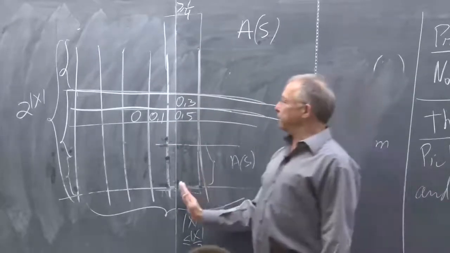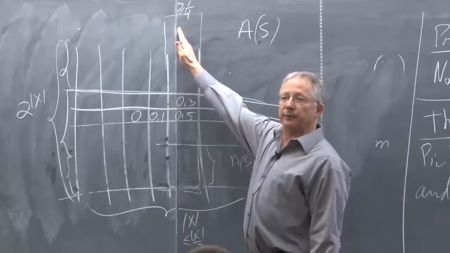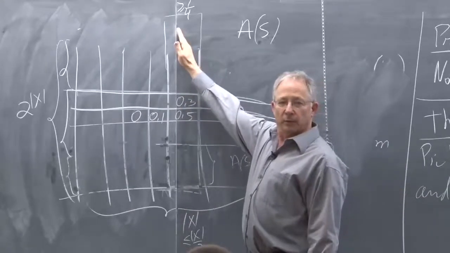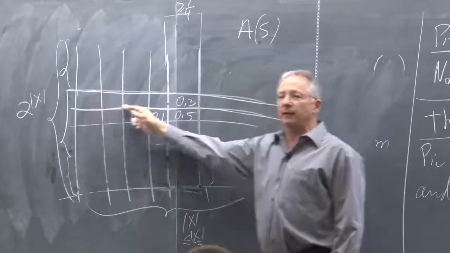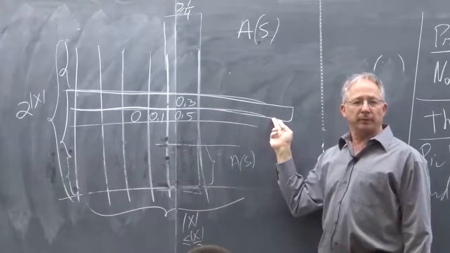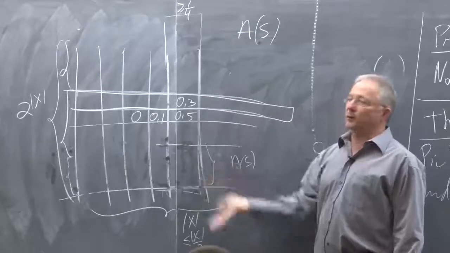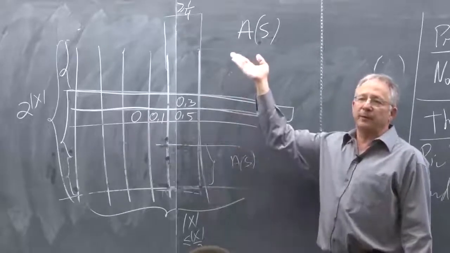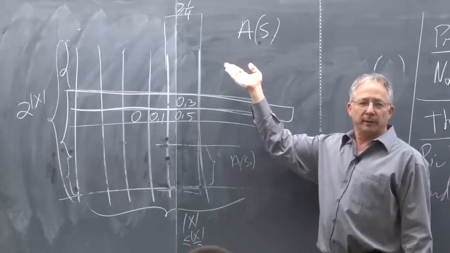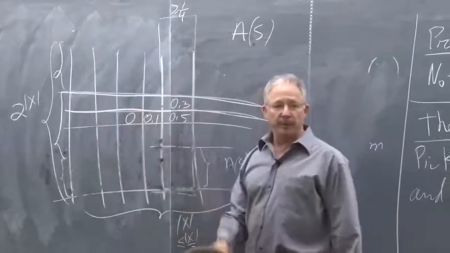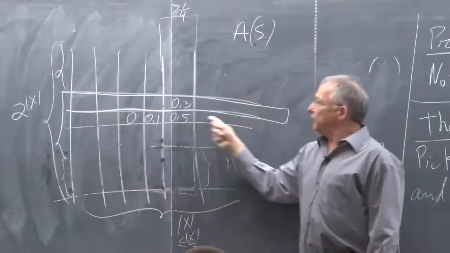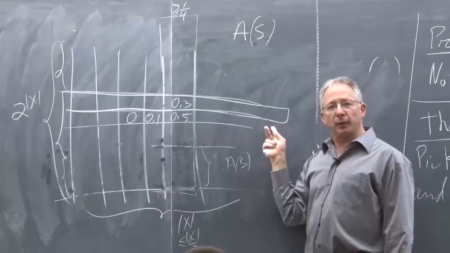So we switched from saying the average of every column is at least a quarter to concluding that there exists a row with average at least a quarter. Because if all the rows were less than a quarter, I could sum over all the matrix and get less than a quarter. And I know that over all the matrix I have more. So there is a row with average at least a quarter.